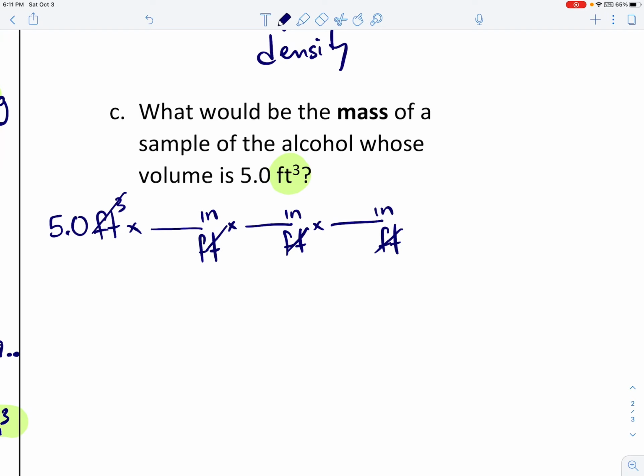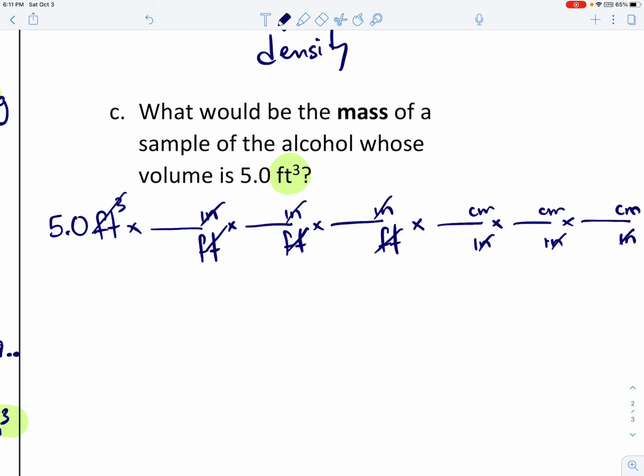Feet times feet times feet is cubic feet, and that cancels with the cubic feet out front. Next, we can get rid of the inches and we can convert it to centimeters, but there are inches, 3 of them, so we need to do this 3 times. Convert to centimeters. Right? Inches will cancel, and we now have cubic centimeters.